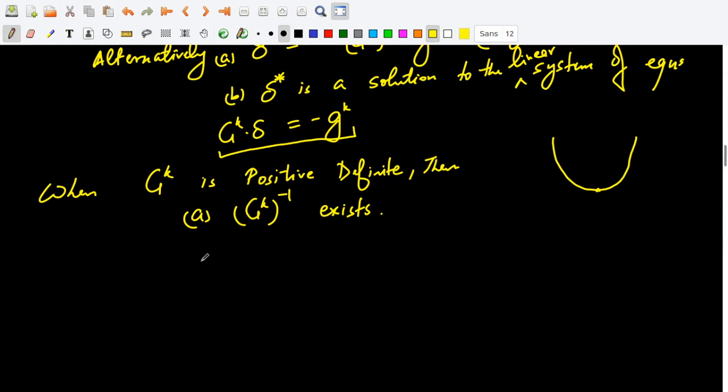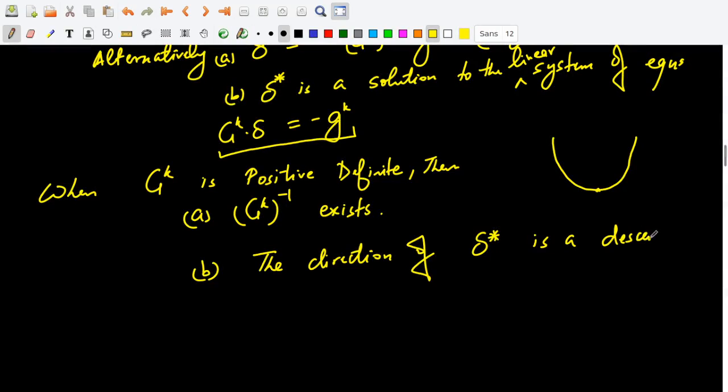Moreover, the direction of delta star is a descent direction. How do we know? Let's see.